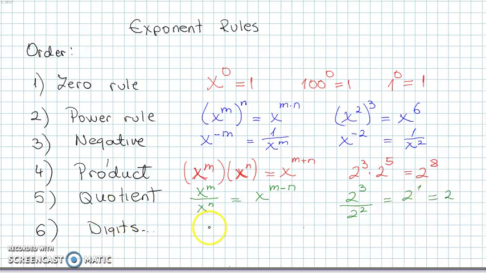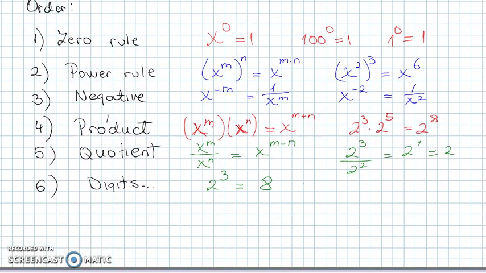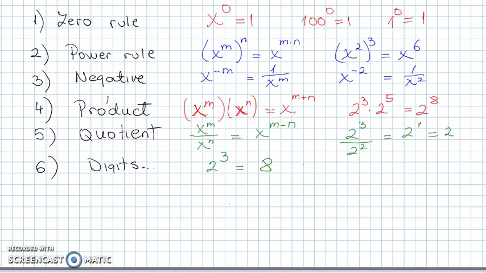And digits: if I have, let's say, 2 to the power of 3, what I mean by the last thing, work with digits, is actually calculate, if you can, something that's doable. 2 to the power of 3 is 8. Do that. You don't have to if you get some crazy numbers like 2 to the power of 1000. That doesn't matter.